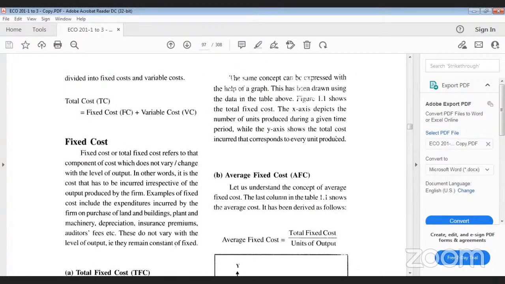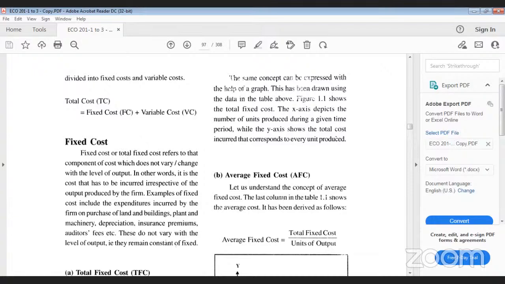Fixed cost, or total fixed cost, refers to that component of cost which does not vary with the level of output. In other words, it is the cost that has to be incurred irrespective of the output produced by the firm.